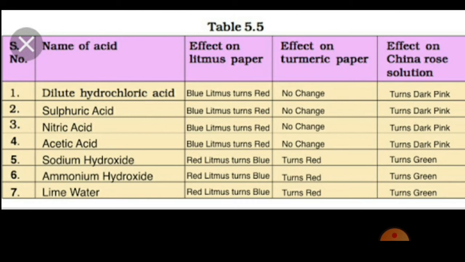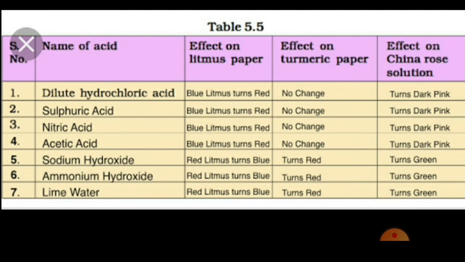In these four acid samples, the blue litmus always turns red and red remains red. In case of turmeric paper, no color change occurs. And in case of China rose solution, the solution turns dark pink, which indicates that these four samples are acidic in nature.